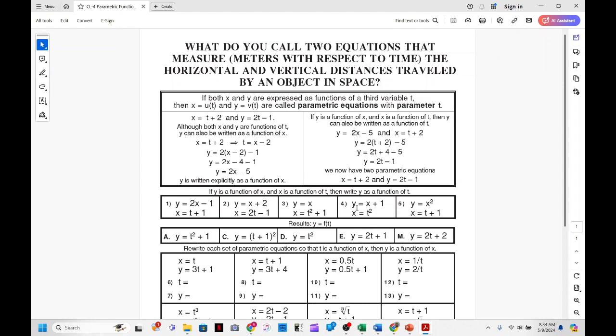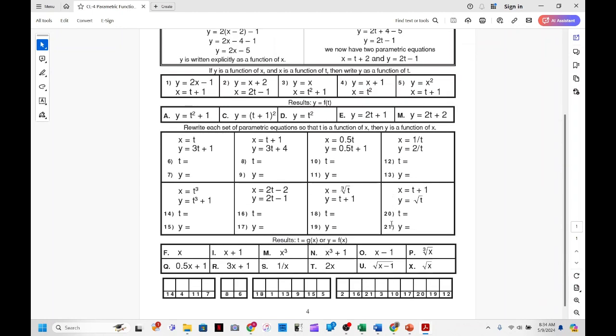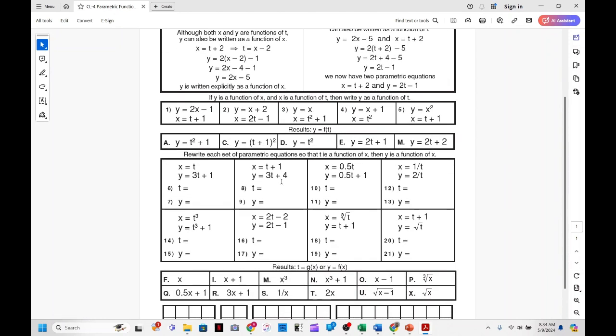We have a bunch of problems to do, 1 through 21. And when we get the letter that goes with those problems, we're going to put it in the appropriate box down below, depending on what question number it is. Now, the one thing to realize is that there's two different sets of answers.